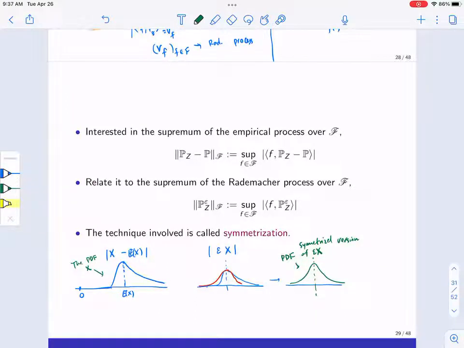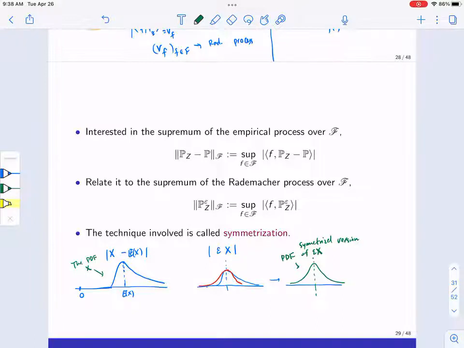And the idea was to use symmetrization. So we went through a progressively more complicated argument. But the basic idea is that if you have a distribution centered around the mean, you want to get rid of the mean. You want to center it around 0, and you just care about the deviation around the mean. So you can get rid of the expectation here.